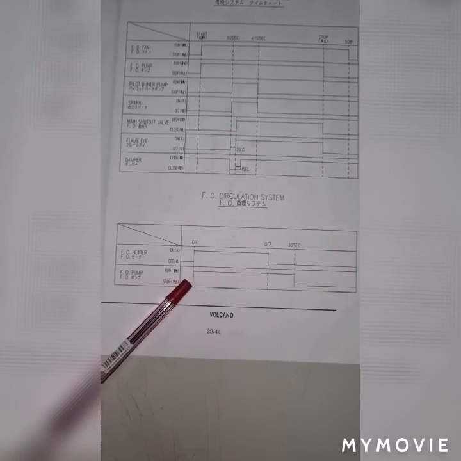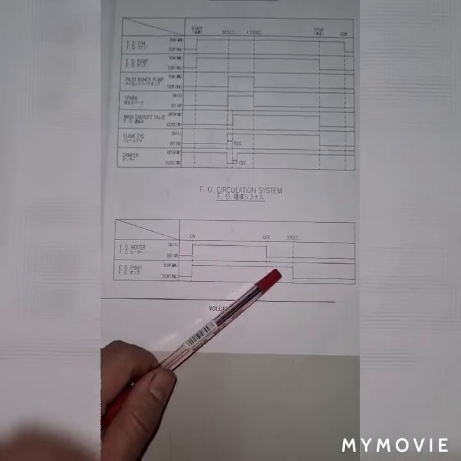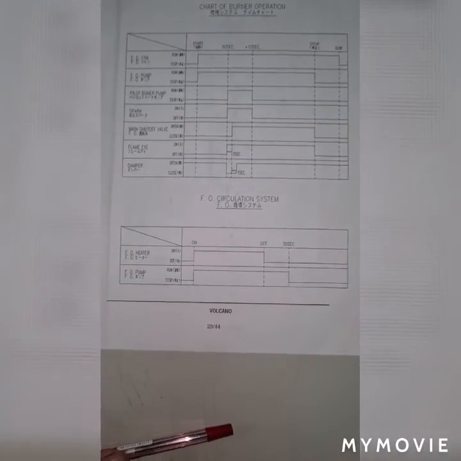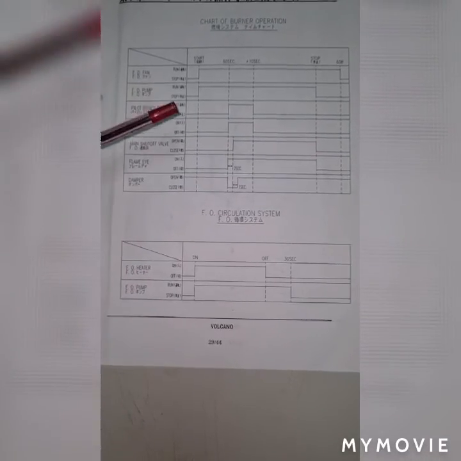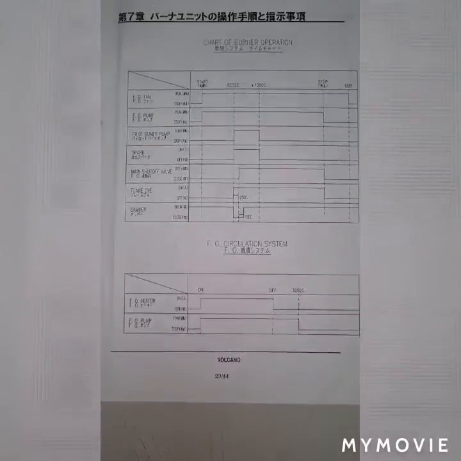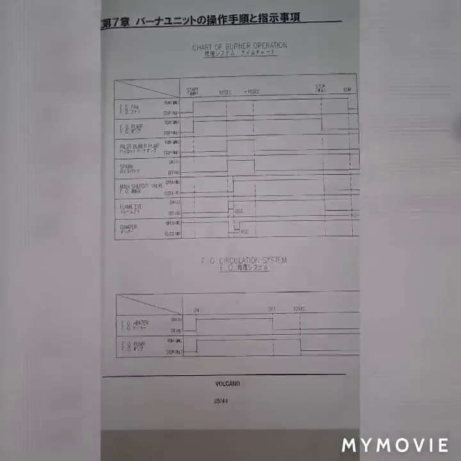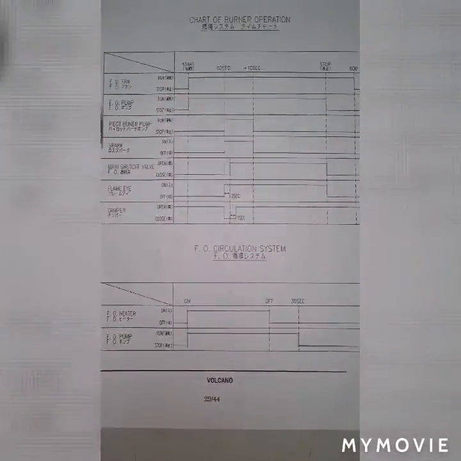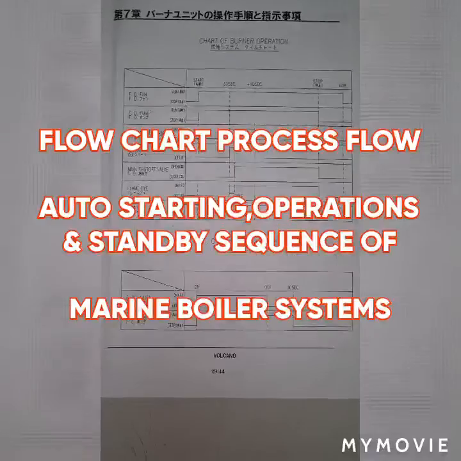This fuel oil pump also stops, runs, stops and runs while doing the automatic operation, starting on and starting off of my fuel burner boiler. This is how the chart of burner operation and the fuel oil circulation system is working with my boiler system.